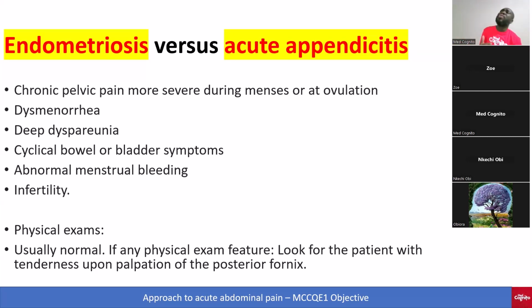And this pain will be described as getting worse during menses. And the patient may have dysmenorrhea, deep dyspareunia during intercourse, cyclical bowel and bladder symptoms, and abnormal menstrual bleeding. And you may even be told that this patient has infertility.